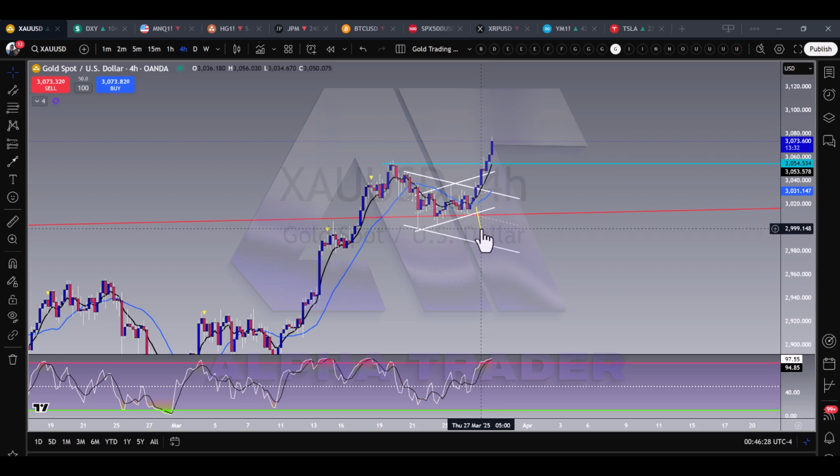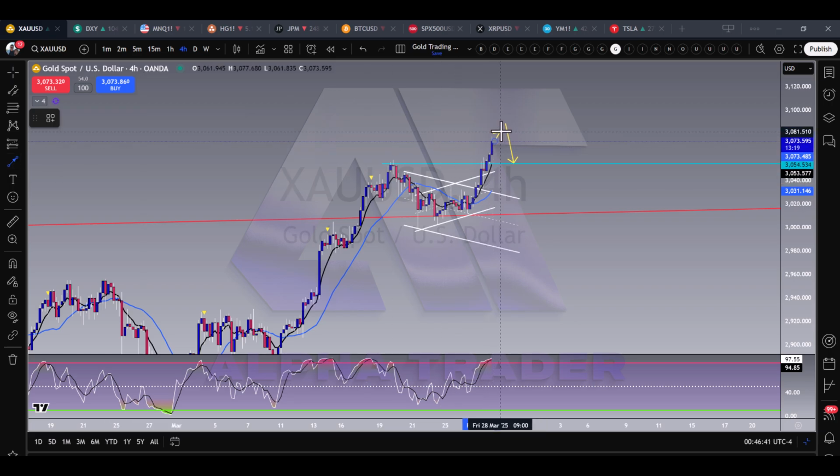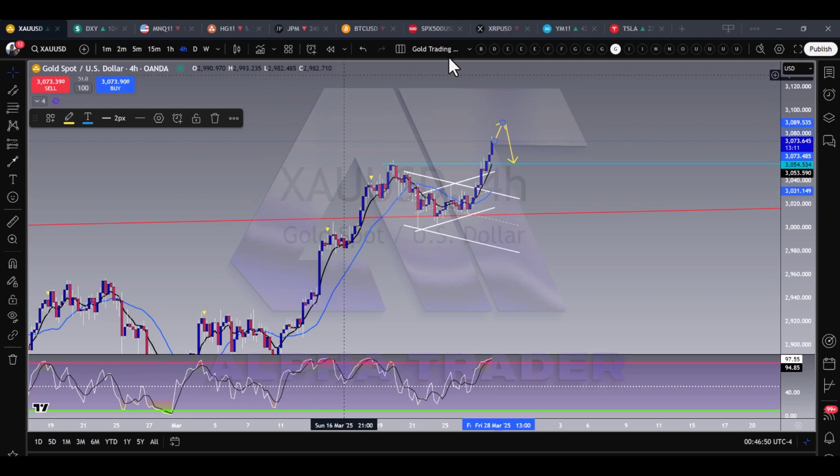So I would now be looking for gold to start making its way back down to this support zone resistance of 3054. So we would probably go up just a little bit more here, maybe up into the neighborhood of about 3089. And then I would look for a pullback to 3055 is how I would be trading gold coming tomorrow.